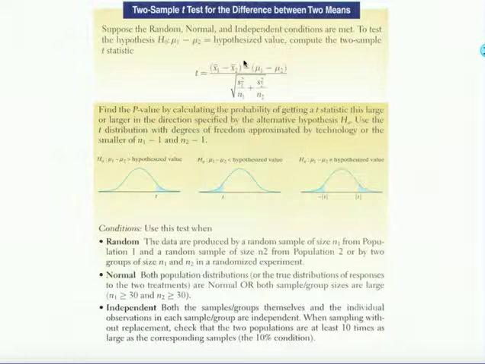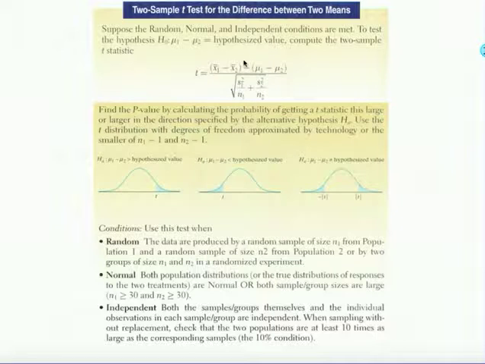Conditions: use this test when the data are produced by a random sample of size n1 from population 1 and a random sample of size n2 from population 2, or by two groups of size n1 and n2 in a randomized experiment.